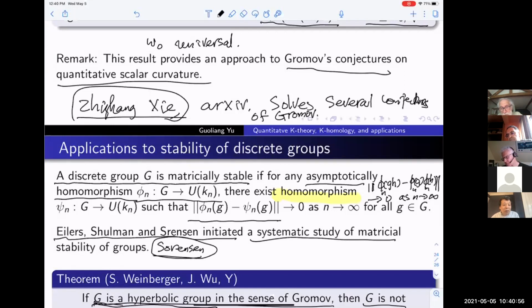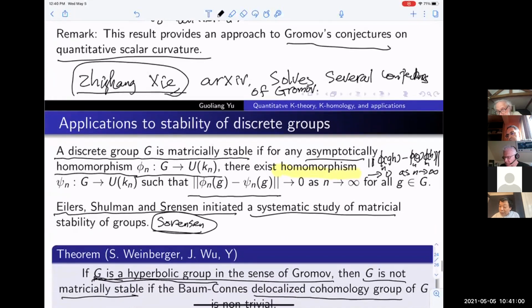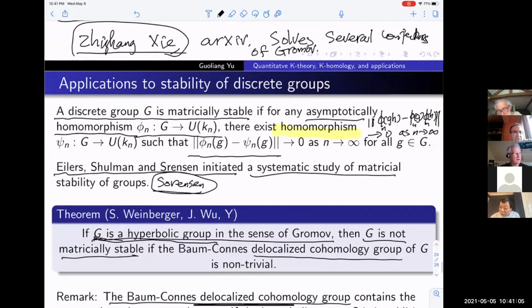That is a very subtle issue, especially for the stability issue. For example, in Alain and Nigel's theory of asymptotic homomorphism, you need to do suspension. But to deal with this kind of stability question, once you introduce suspensions, things break down.